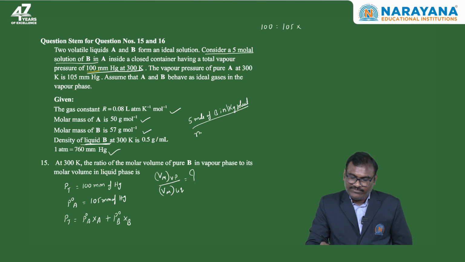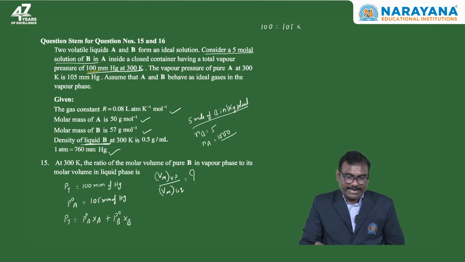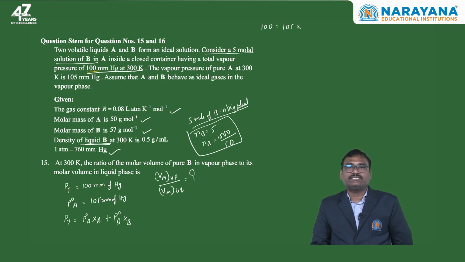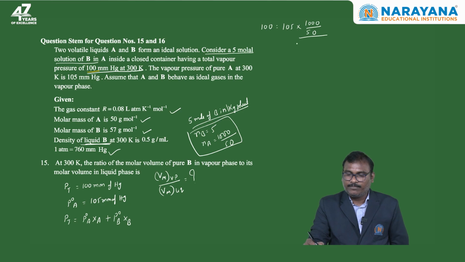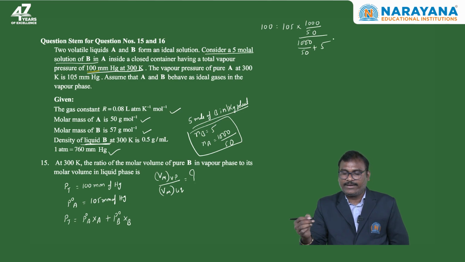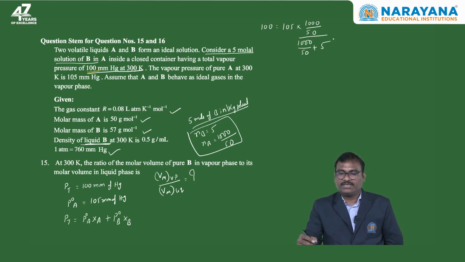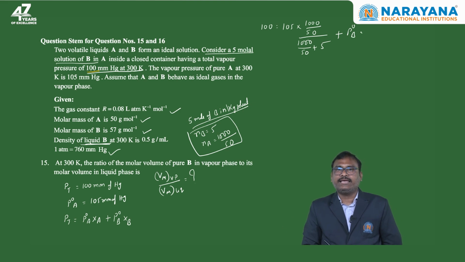So the number of moles of B is equal to 5. The number of moles of solvent A is 1000 by molecular weight of A, which is 50. Then apply mole fraction of A: 1000 by 50 divided by 1000 by 50 plus 5, because the number of moles of B is 5, plus P naught B into XB.